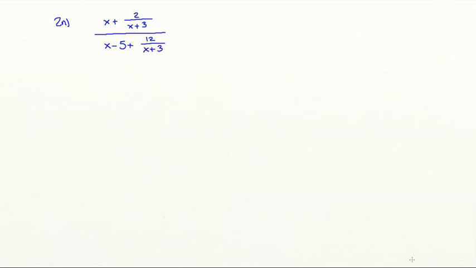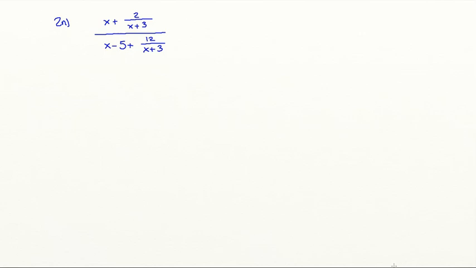We're still on question 2. 2n. Again, we have fractions of fractions. x plus 2 over x plus 3, all over x minus 5 plus 12 over x plus 3. There are two ways we can do this. We could try to get rid of the fractions of fractions first, or we can put everything over the common denominator and then get rid of the common denominator.